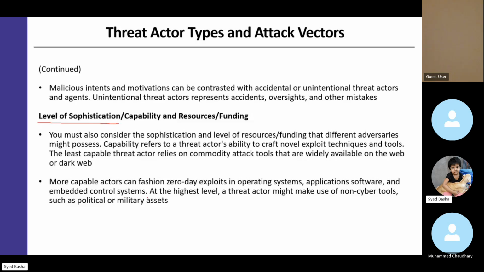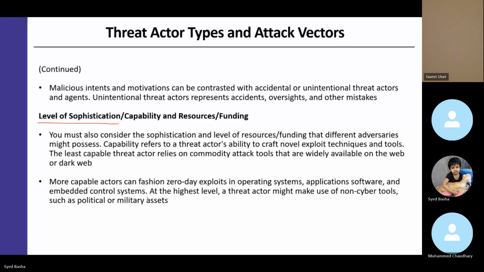They have multiple tools and all kinds of capabilities and resources in place. In some scenarios, groups or criminal gangs are funded. You know by whom? Do you want to know?